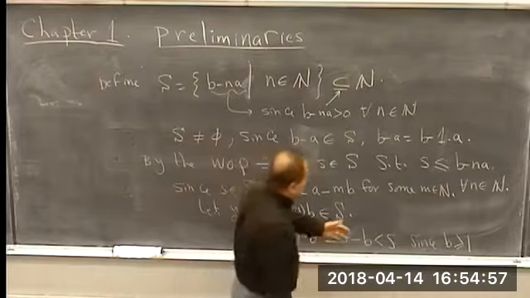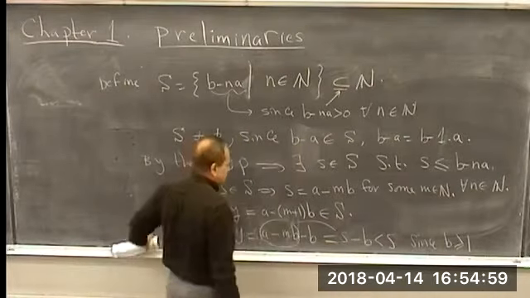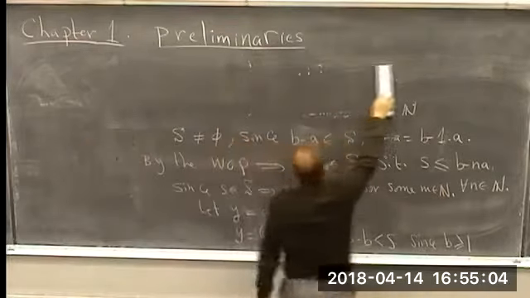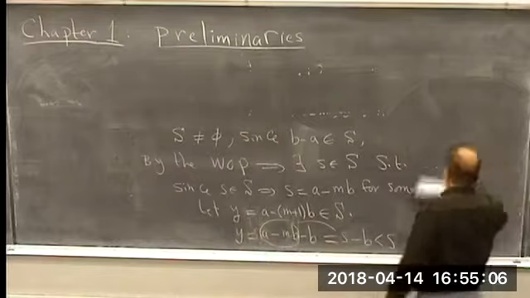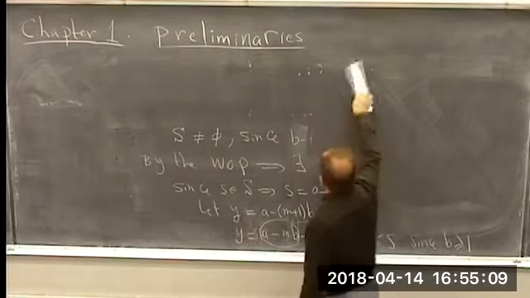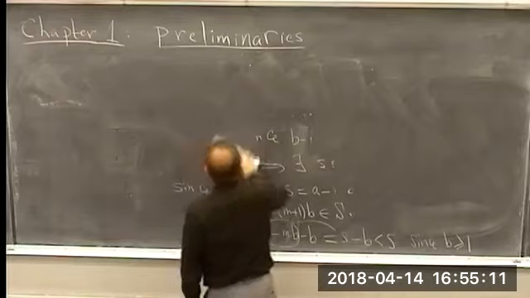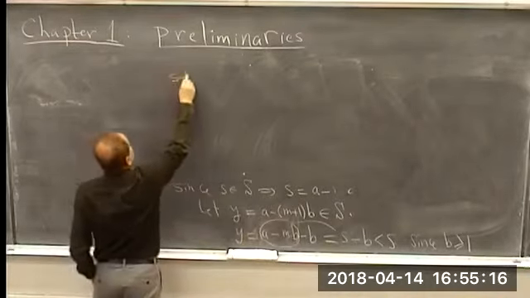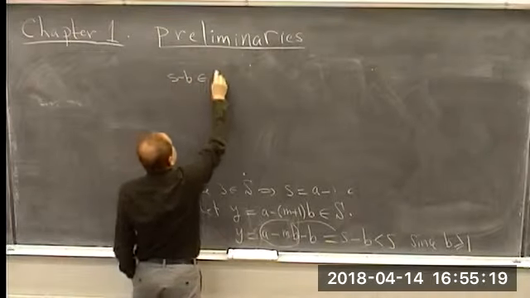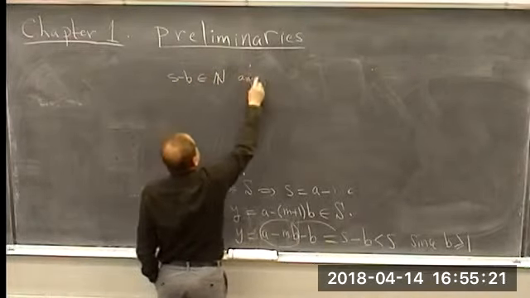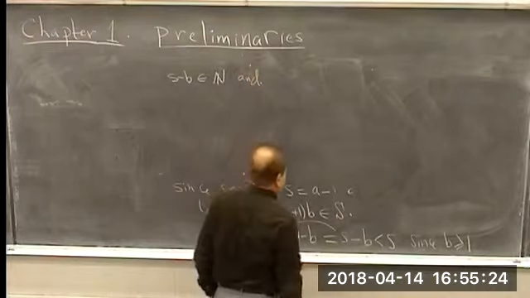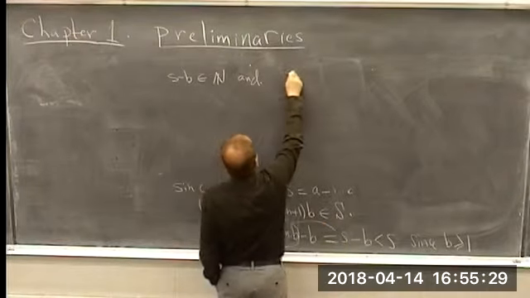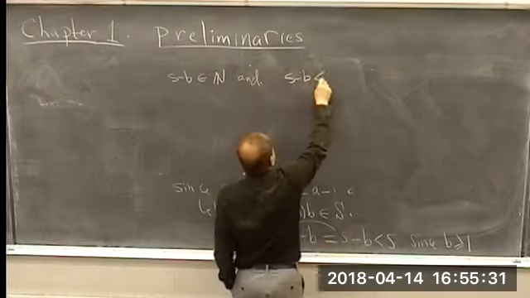But this contradicts that s is the smallest number in S. So this s minus b is a natural number, smaller than s.